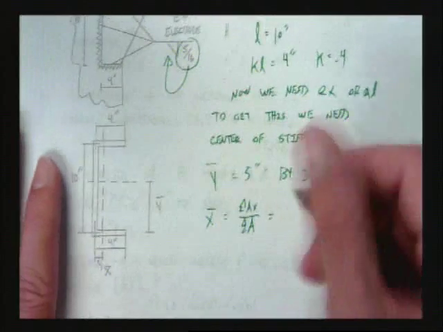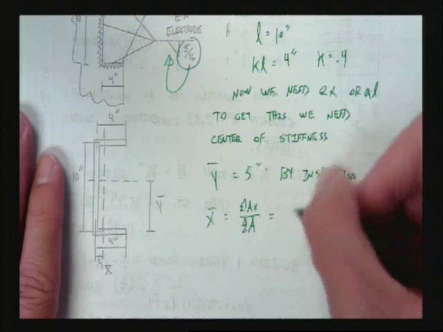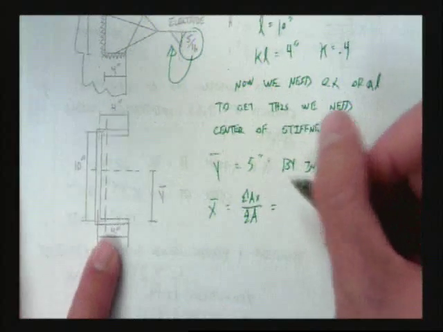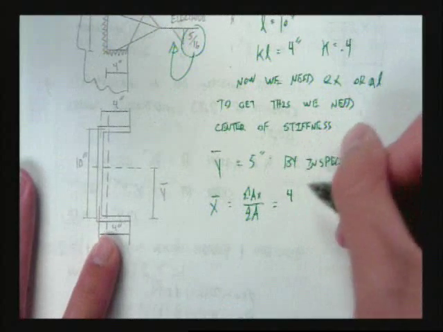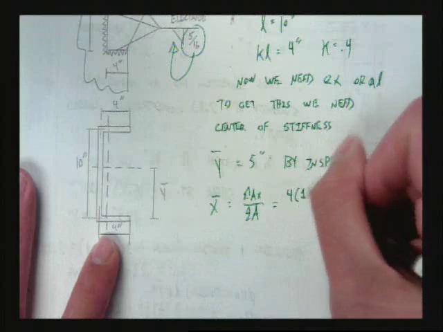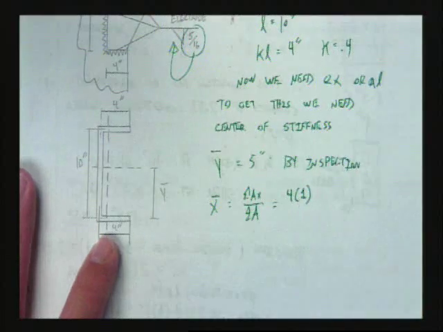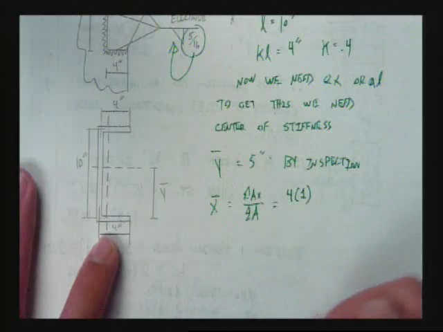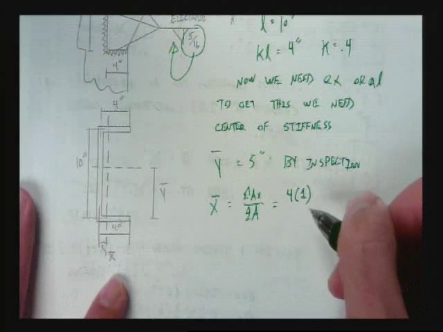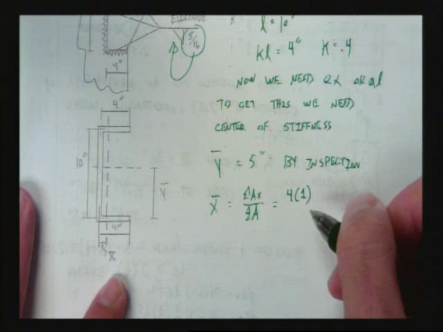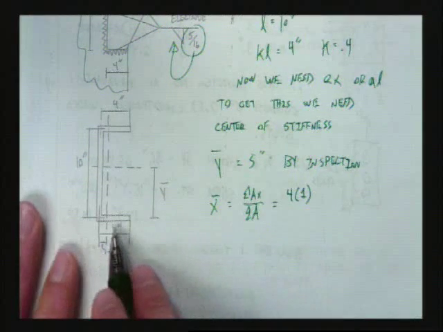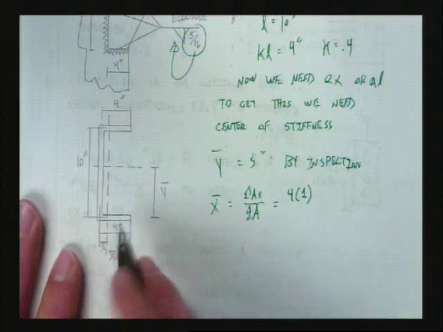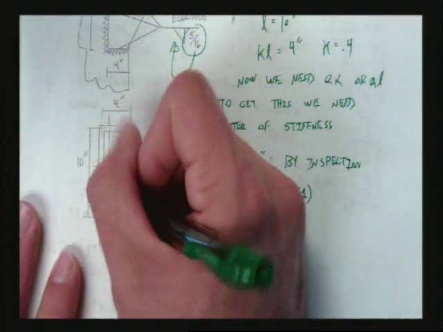So I'm going to have a weld that's 4 inches in length. It's 1 unit wide. I could put 5/16 in there if I wanted to. And now I have to find the distance from, I'll call this my 0 point, my origin.